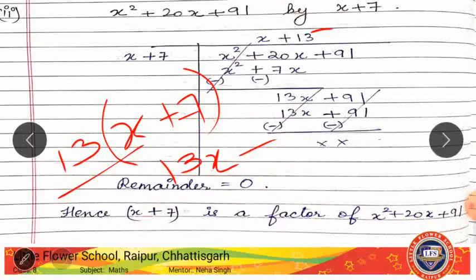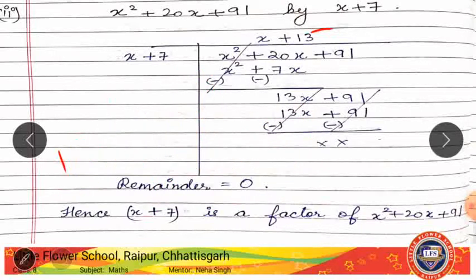So we are going to write 13x plus 91 here. Now again subtraction: plus 13x will become minus, plus 91 will become minus 91. So 13x minus 13x gets cancelled. Here also we have 0, 91 minus 91. So here also the remainder is 0.